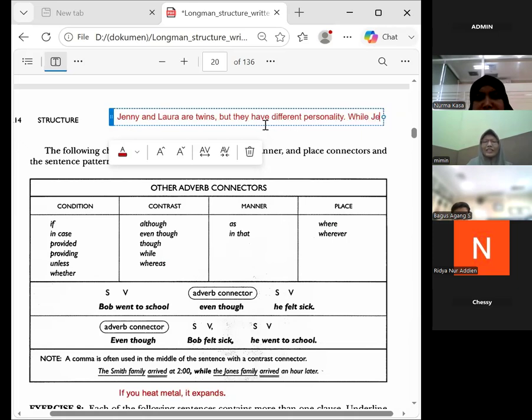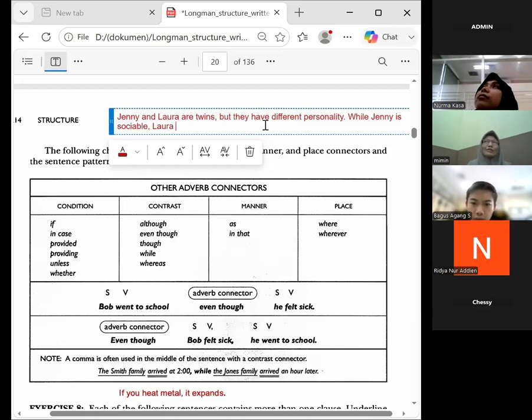While Jenny is sociable. What is sociable? Sociable means you like to be with friends, you like to be with others, and you have a lot of friends. You are outgoing. You are a person who loves going out together, who loves being at a party, for example. So that's sociable, outgoing.